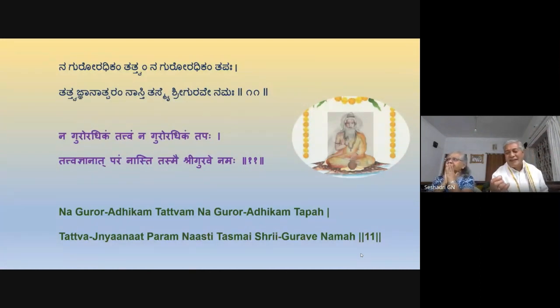The happiness that he gets is like a candlelight, whereas this path gives you infinite bliss. The pleasure you get from Preyas is temporary, very small, but this is long and permanent. So please take it, my dear friend. Na guror adhikam tattvam. Guru here means that Supreme Brahman, Atma Jnana.